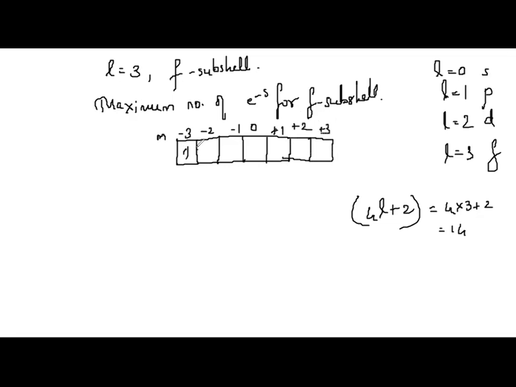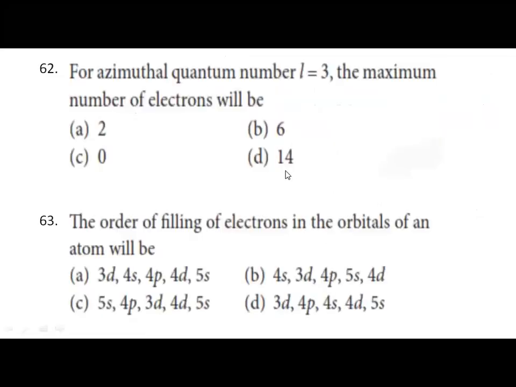So here spin up, spin up, spin up, spin up, spin up, according to Hund's rule of maximum multiplicity. 7. Then spin down, seven times. So how many electrons? 14 electrons for the f subshell. So for the f subshell, the maximum electrons are 14.